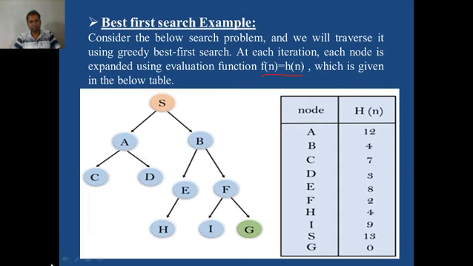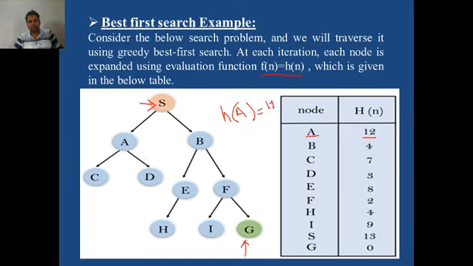For example, this is your search tree and there are so many nodes in this particular search tree, and the second column indicates their associated heuristic cost, h of n, the estimated cost to reach the destination. For example, the heuristic cost of node A is 12. That means the cost to reach the goal, our goal node in this problem is G and this is the initial node or root node. So what is the cost for node A to reach the goal? The cost to reach the goal G for node A is 12. That means h of A is 12.